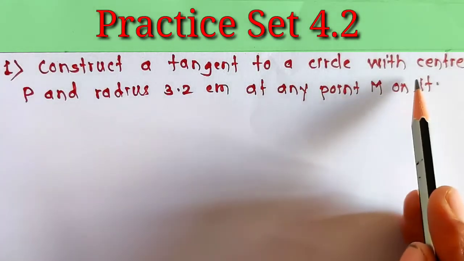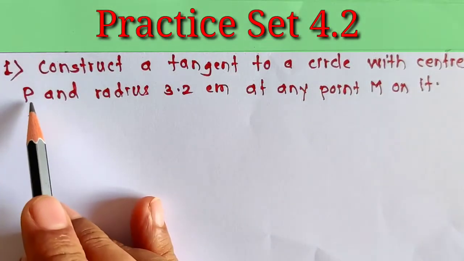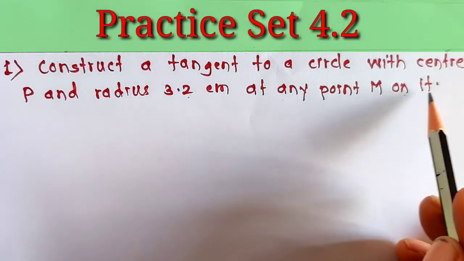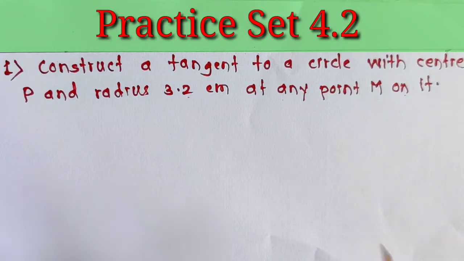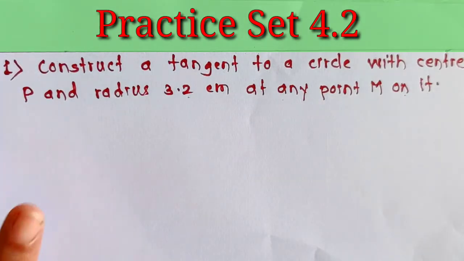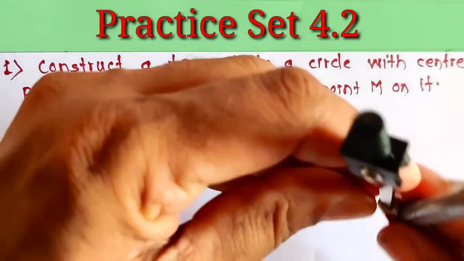Construct a tangent to the circle with center P and radius 3.2 cm at any point M on it. So here first draw the rough figure: draw the circle, draw the radius and so on. I am showing one rough figure only.